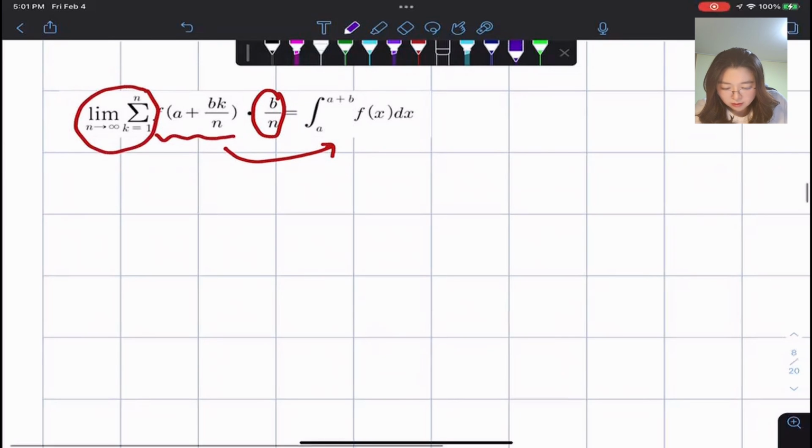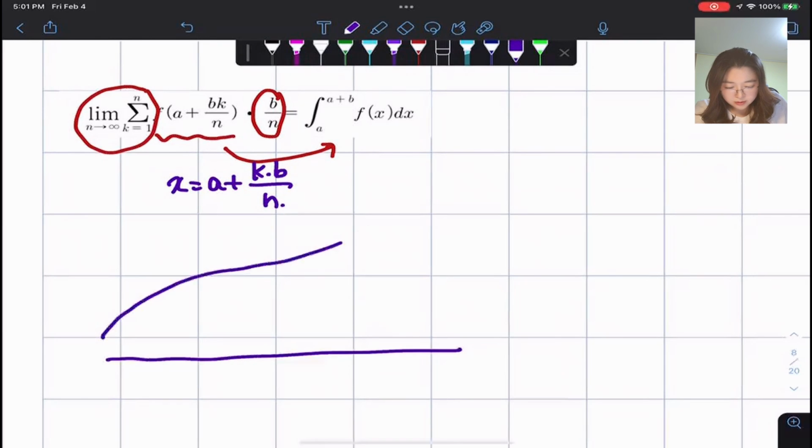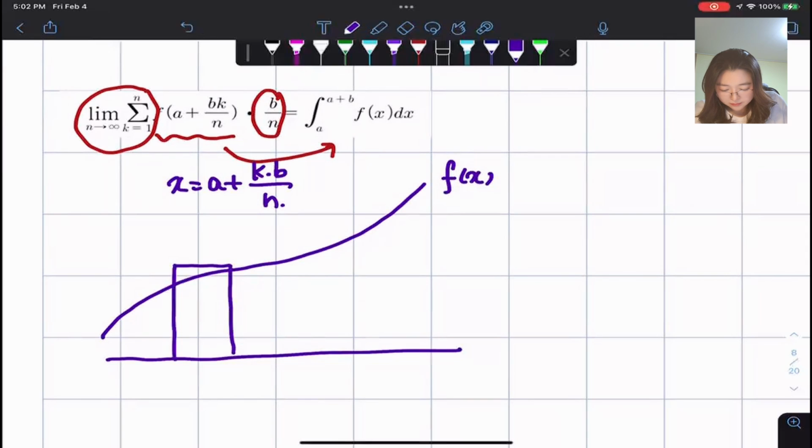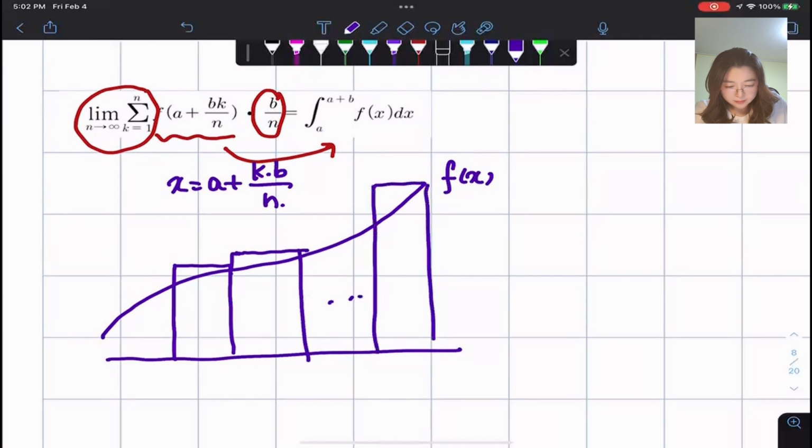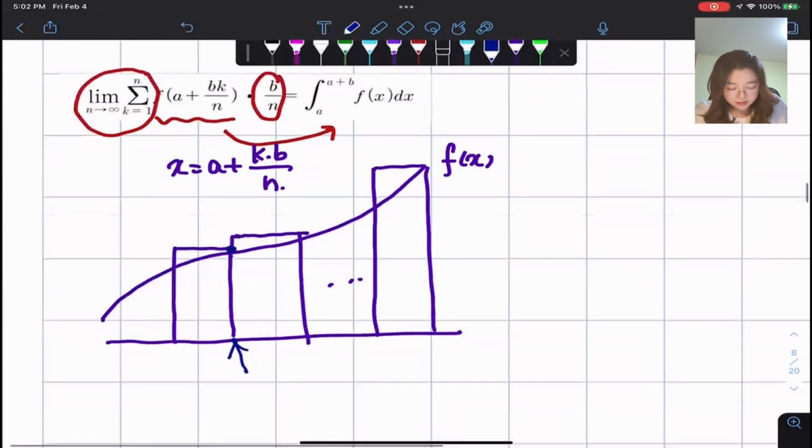In this function, the x coordinate is a plus k times b over n. Suppose this is f(x) and the rectangles are like this. This is the first x coordinate.